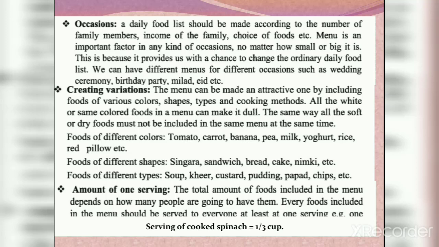Foods of different color: tomato, carrot, banana, pea, milk, yogurt, red rice, etc. Foods of different shapes: shingara, sandwich, bread, cake, nimki, etc. Foods of different types: soup, kheer, custard, pudding, pulao, chips, etc.